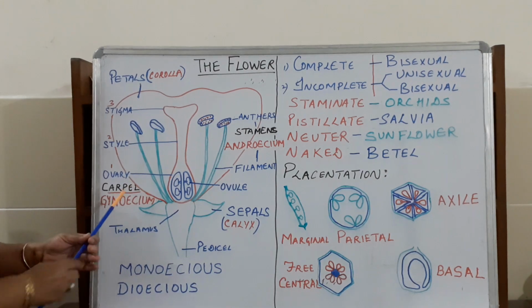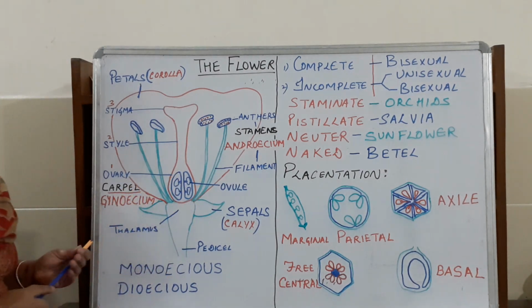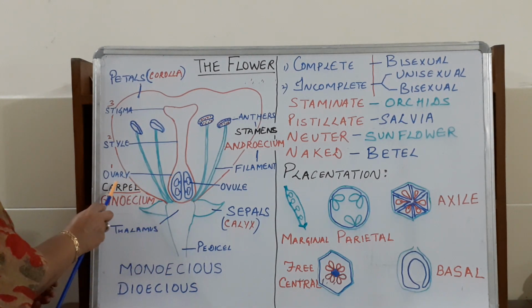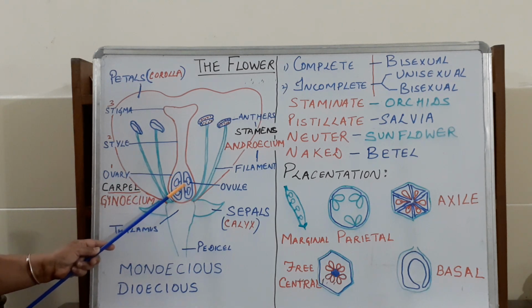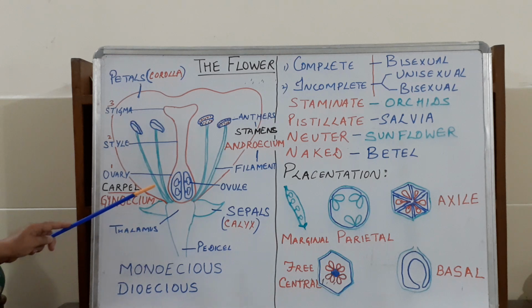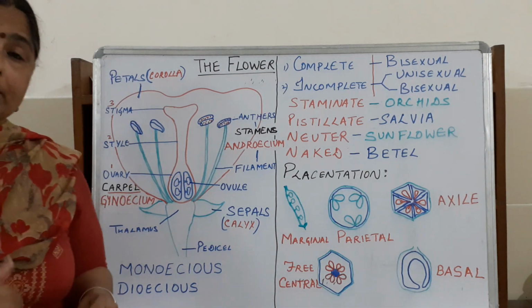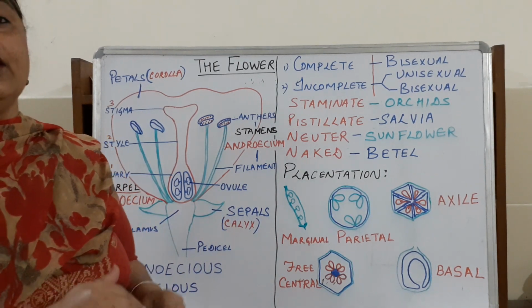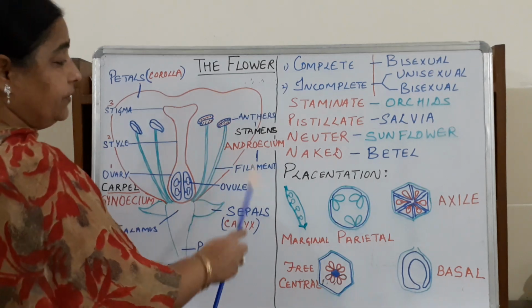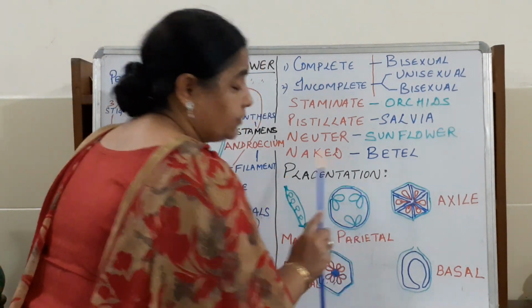In the case of the arrangement of ovules, the ovules are attached to the ovary with the help of a soft tissue called the placenta. This soft tissue is arranged in a specific manner. This arrangement of placenta along with the ovules in an ovary is called placentation.